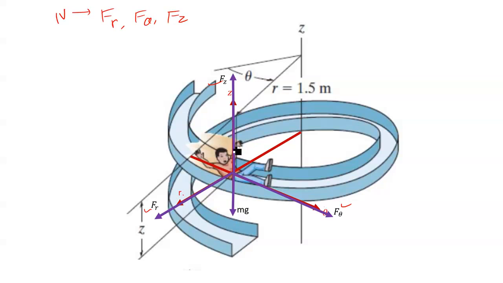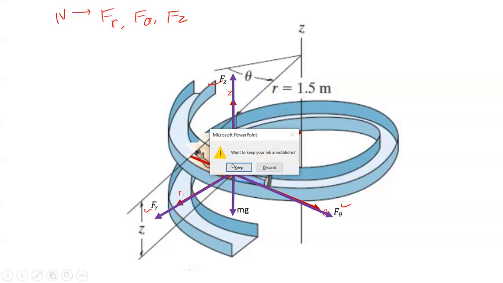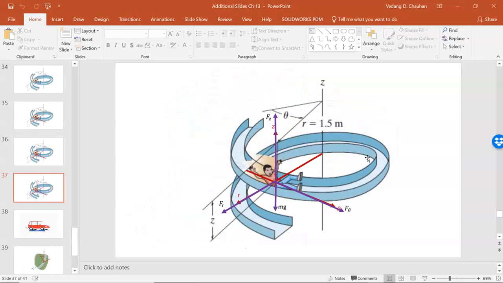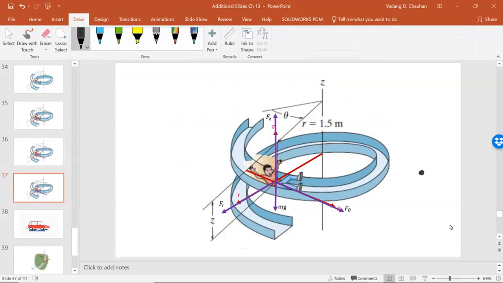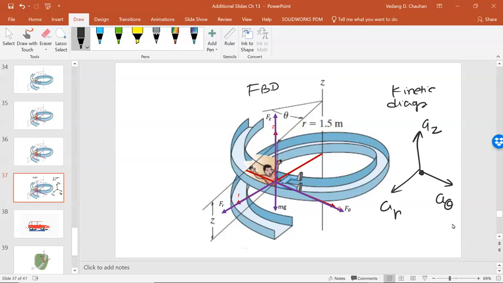So that's our free body diagram. The corresponding kinetic diagram will be, we draw this boy here and indicate three accelerations: acceleration in the radial direction, in the transverse direction, and in the z direction. So this is the FBD, and this is the corresponding kinetic diagram.